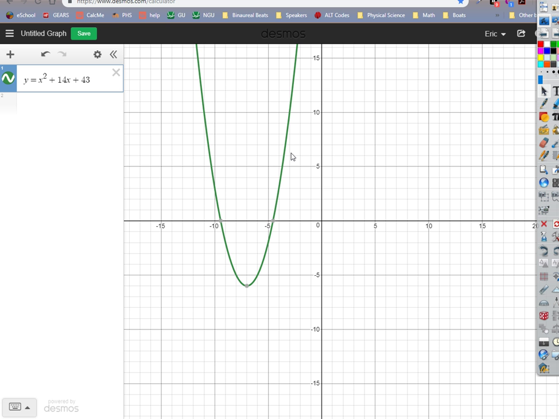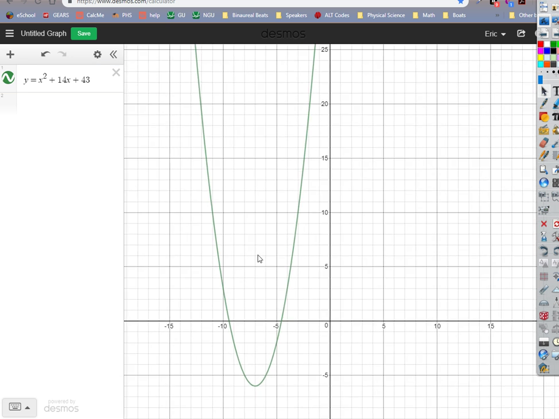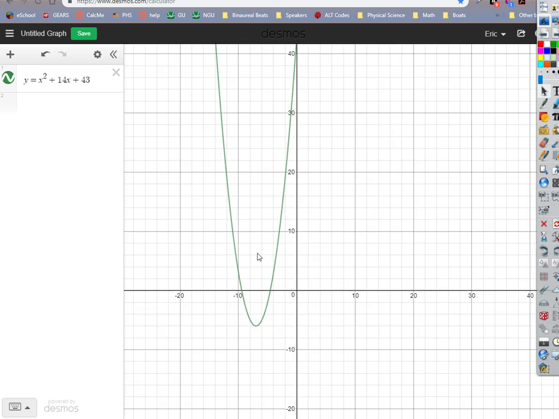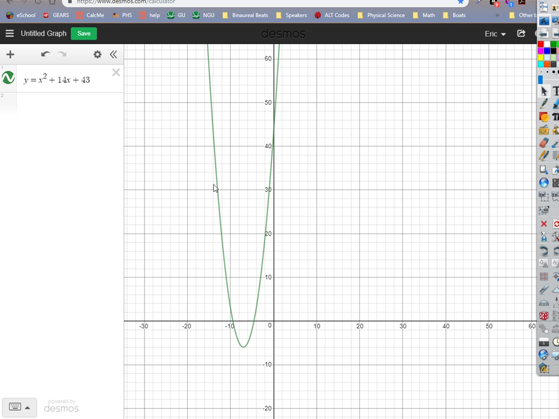In fact, if I zoom out more, I can even see more of those. Once again, if I click on the function, look at these things. I get these light blue points there, there, there, and there. I got that just by clicking on the green function.